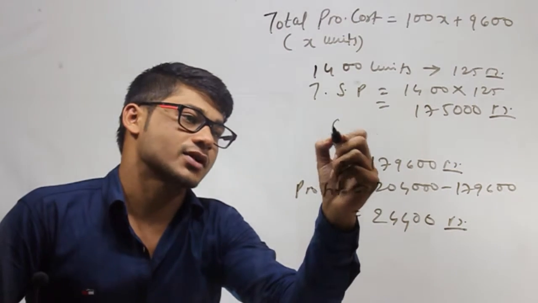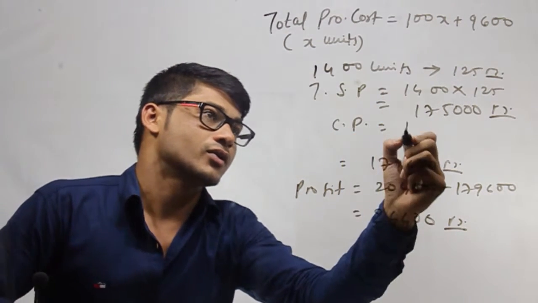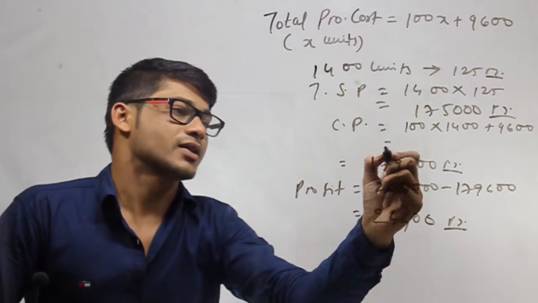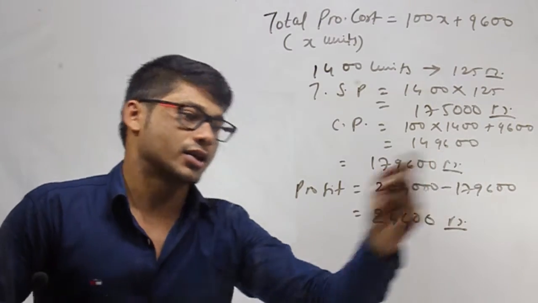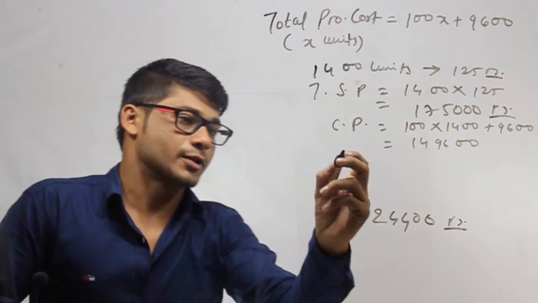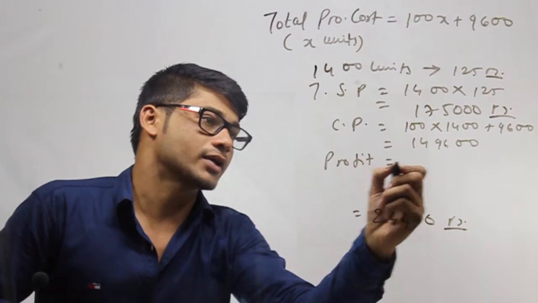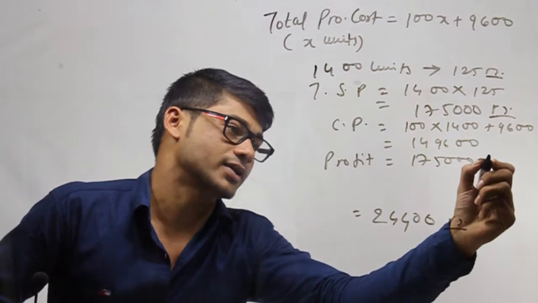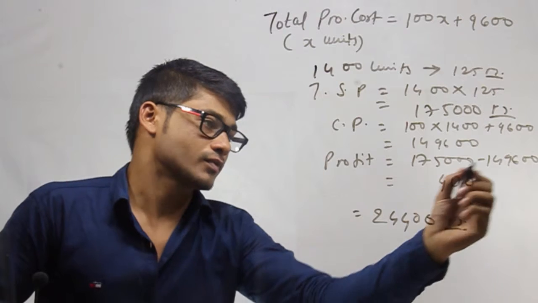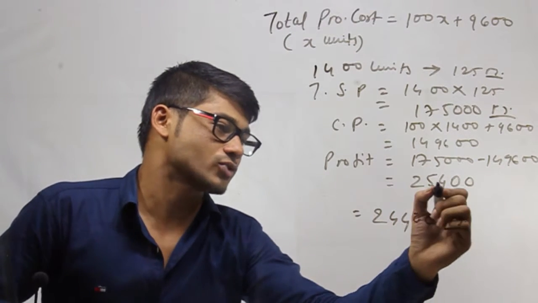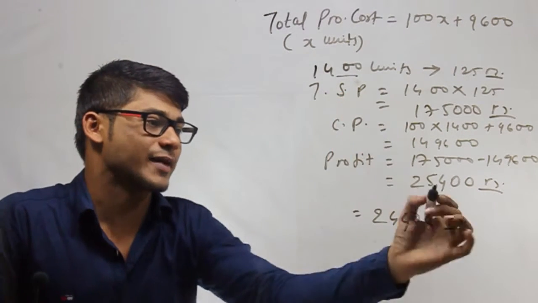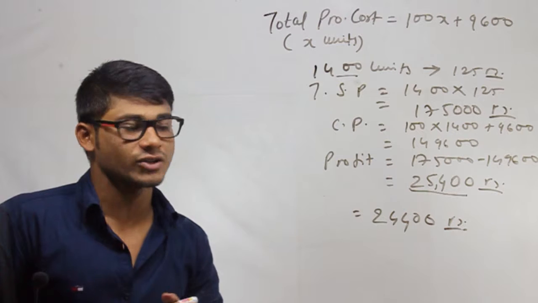Now the cost price for 1400 units will be 100 into 1400 plus 9600. This will be equal to 149600. So the profit will be 175,000 minus 149600. This will be equal to 25,400 rupees. So look, the profit in the case of 1400 units is maximum. So the maximum profit will be 25,400 rupees.